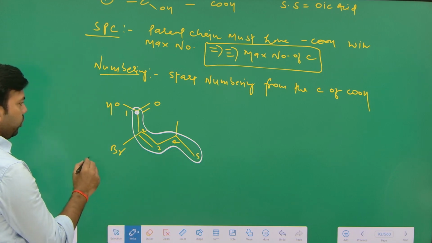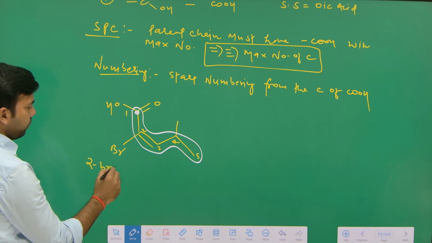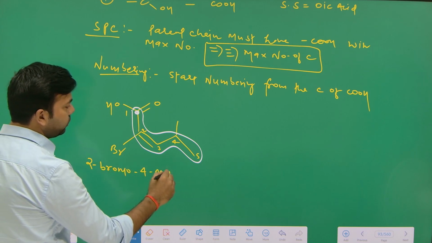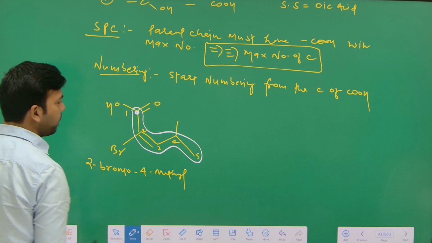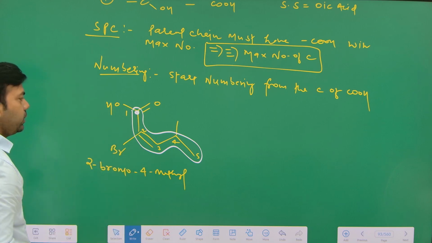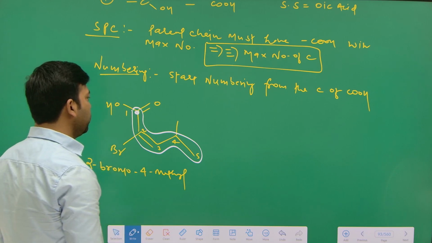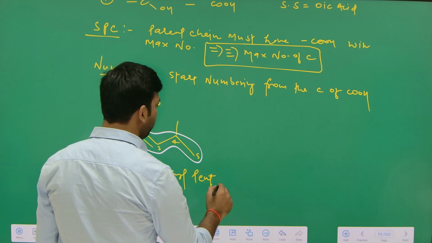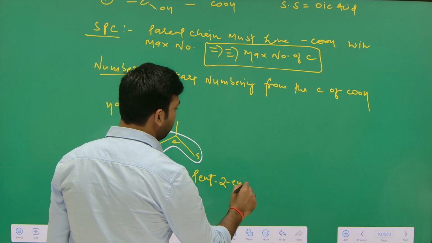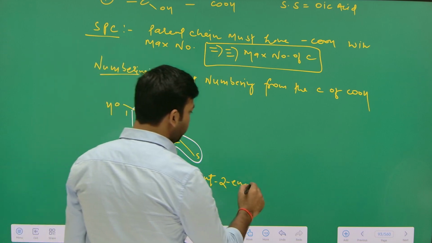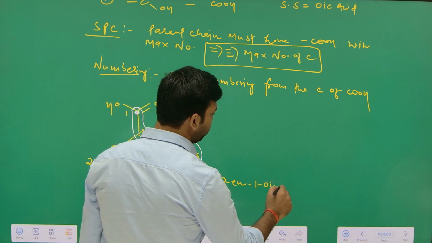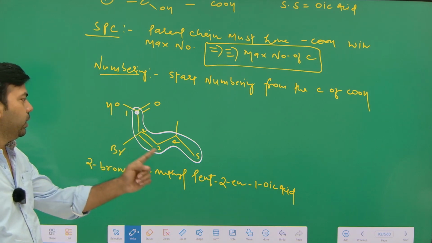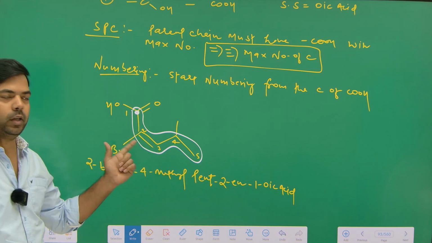So 2-bromo, 4-methyl, and then the 5 carbon chain is my parent chain, so it should be pent. Pent-2-ene, and 1-oic acid, because carboxylic is called oic. So pent-2-ene-1-oic acid. Clear?